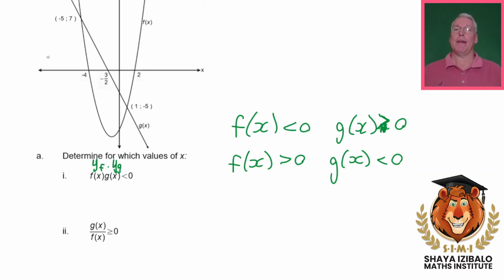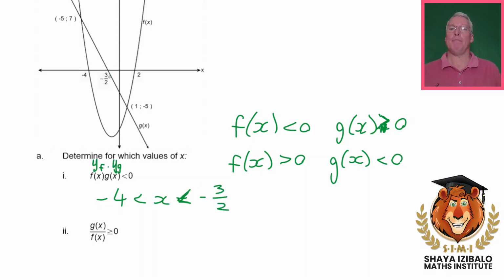As we come in from here, they're both above the axis. Now from negative 4, the parabola is below and the straight line is above. So from negative 4 up to negative 3 over 2, they are on opposite sides of the axis. So it's less than negative 3 over 2.